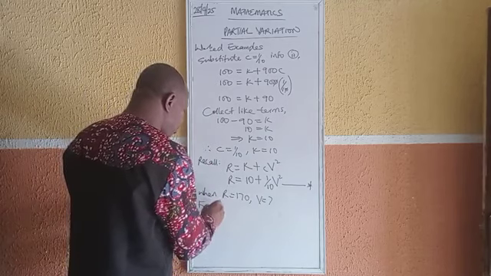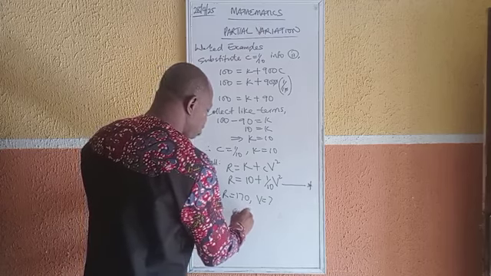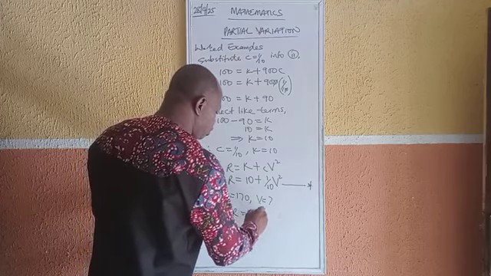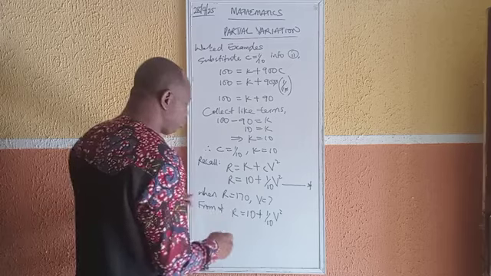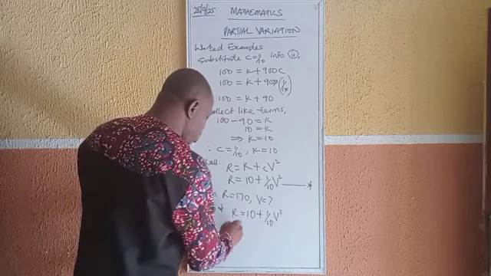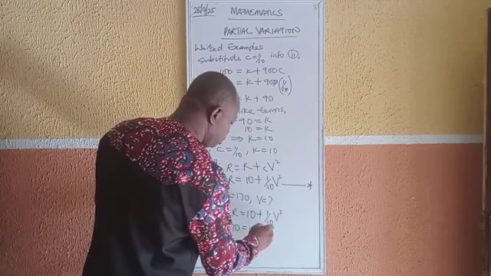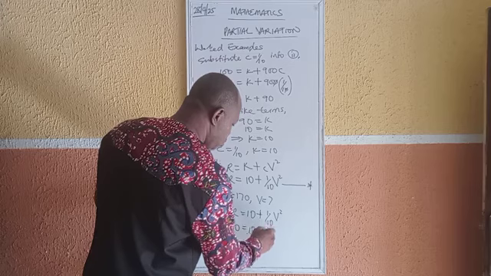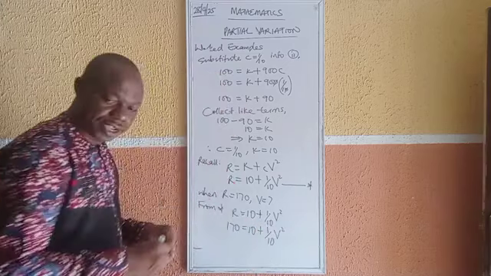From this equation, we have that R equals 10 plus 1 over 10 V squared. When R is 170, that's 10 plus 1 over 10 V squared.